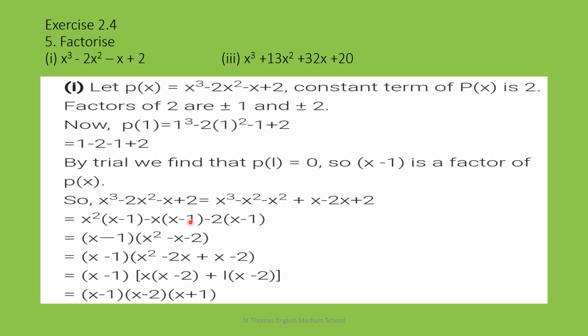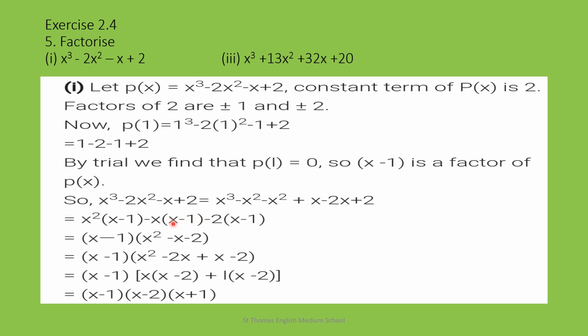So to make it x minus 1, you split the term minus x as plus x minus 2x. X minus 2x is minus x only. So from the next two terms, that is minus x square plus x, you take minus x common. So you will have the common factor x minus 1.